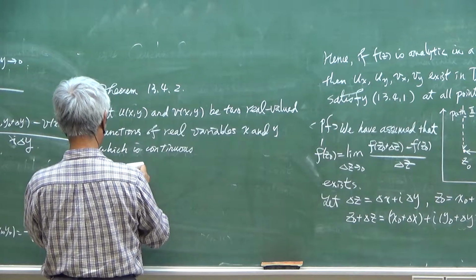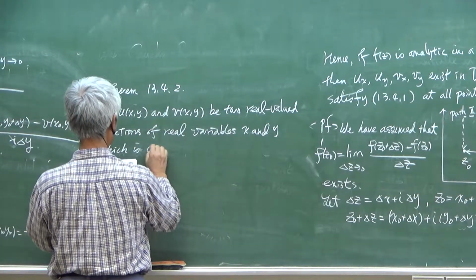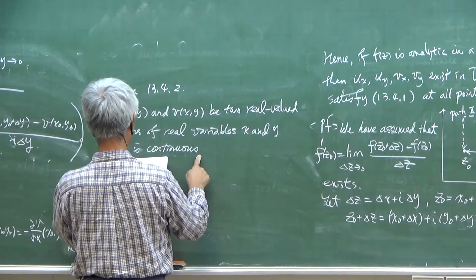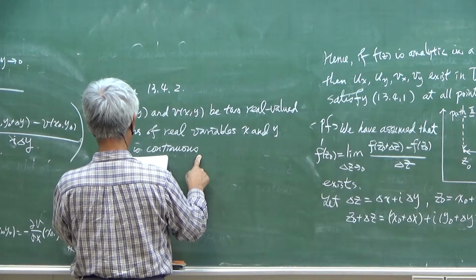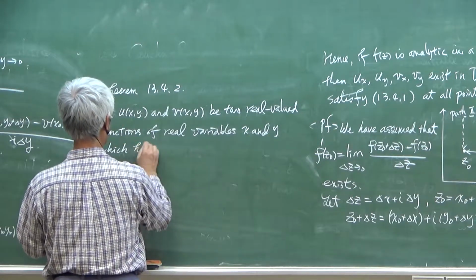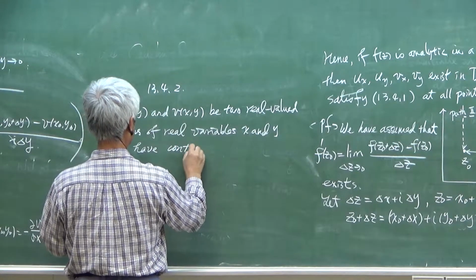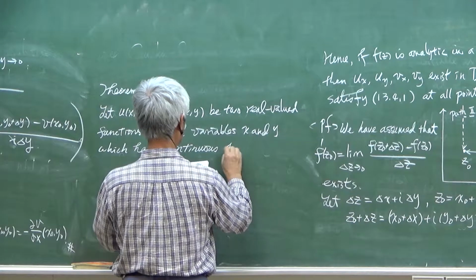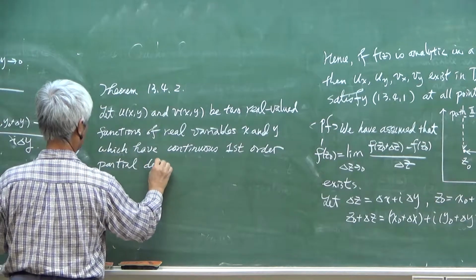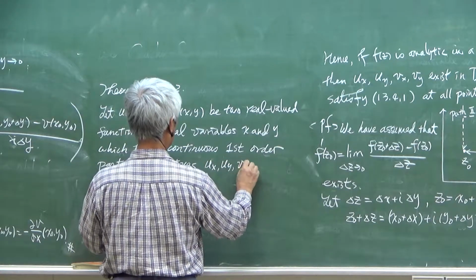Okay, which is continuous, let's say which have continuous first order partial derivatives u_x, u_y, v_x, v_y.